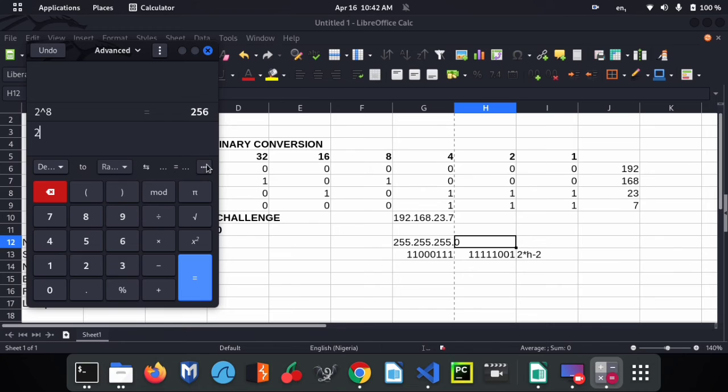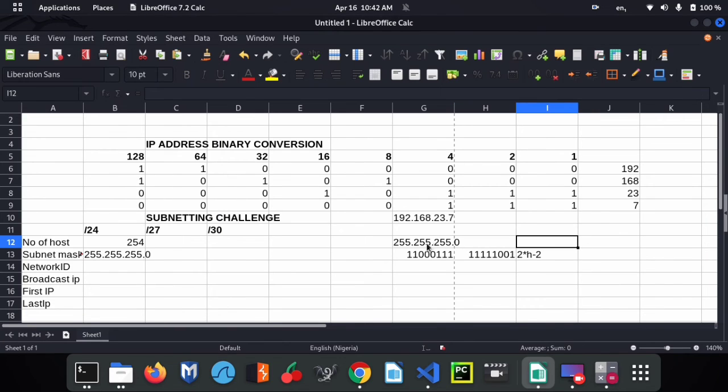2 raised to the power of 5. Okay, so we get 32. So 32 minus 2, we get 30 possibilities of assigning IP addresses.